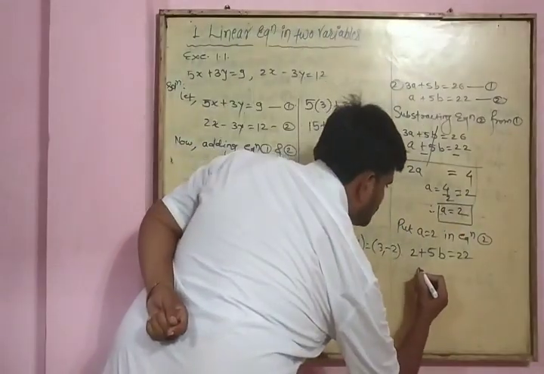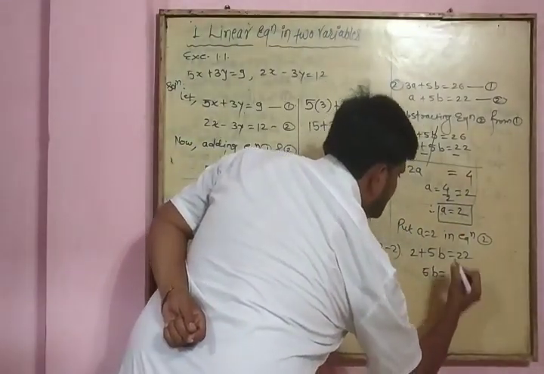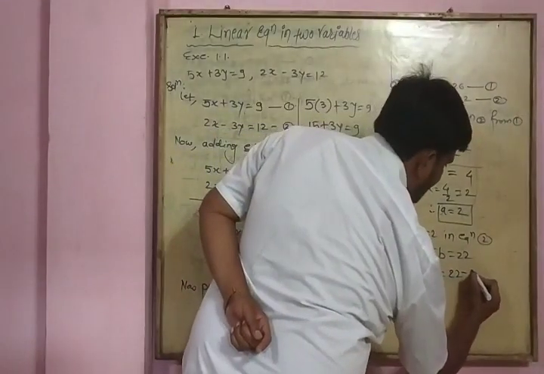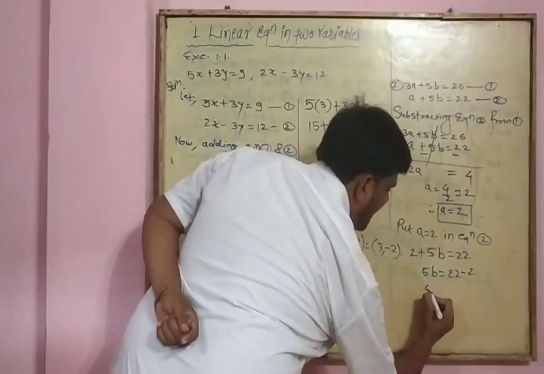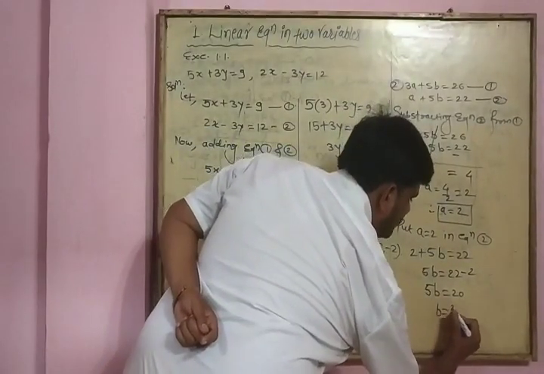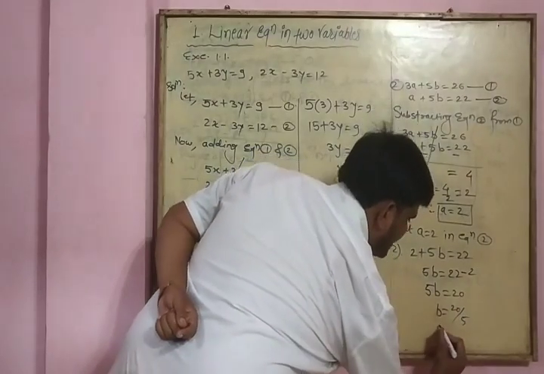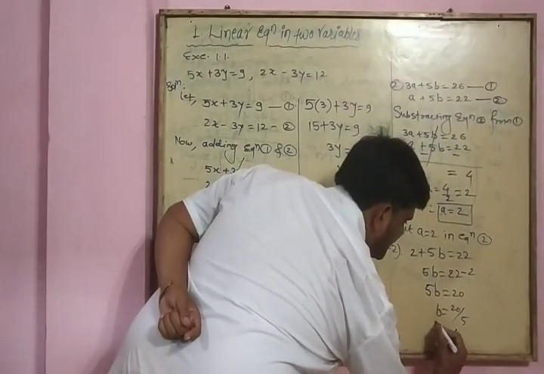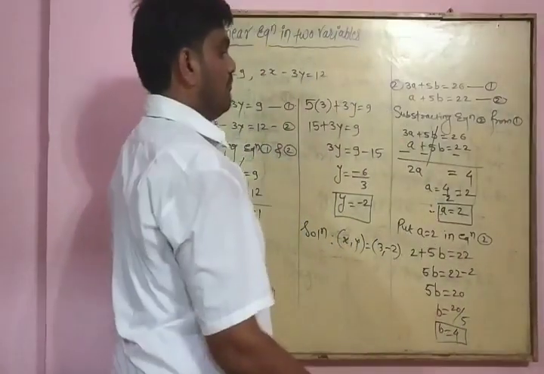Now 5b equal to 22, the side gets changed, 2 will be on that side, minus 2. That is 5b equal to 20. b equal to 20 upon 5. That is, 5 fours are 20, so b equal to 4.